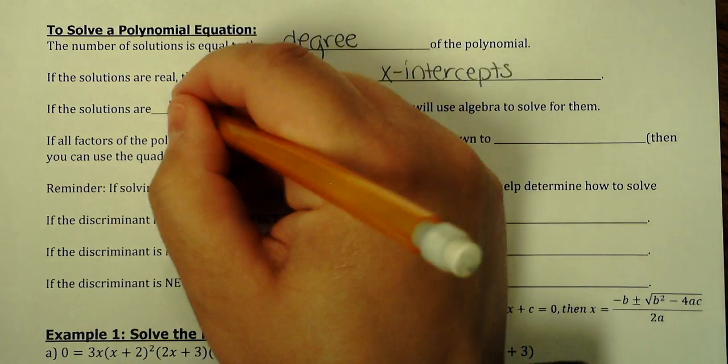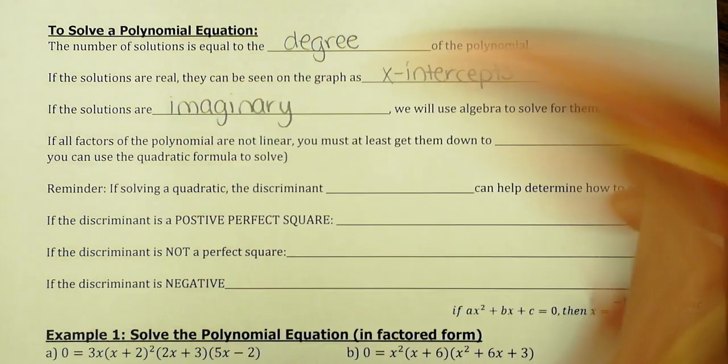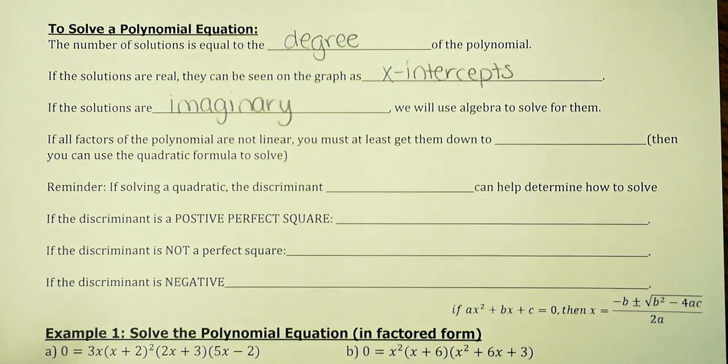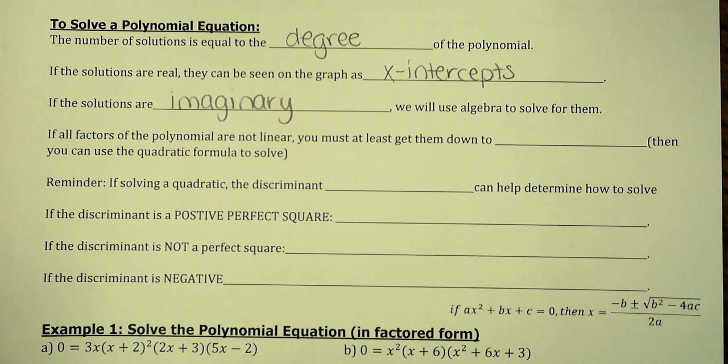Now, if the solutions are imaginary, and that can happen, we'll have to use algebra in some way to solve for them. It might be with factoring, it might be with the quadratic formula. So what I've got down here is just information about what happens if it's not really easy to see the answer.